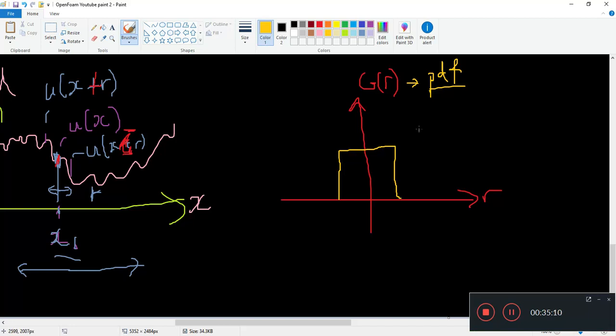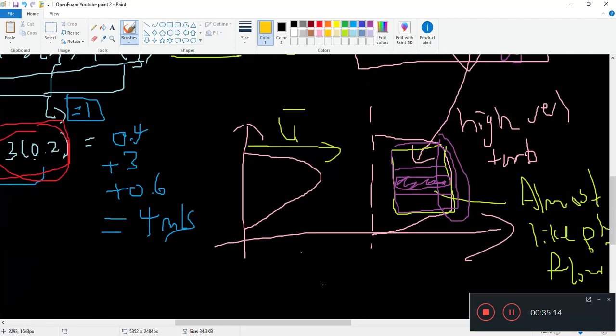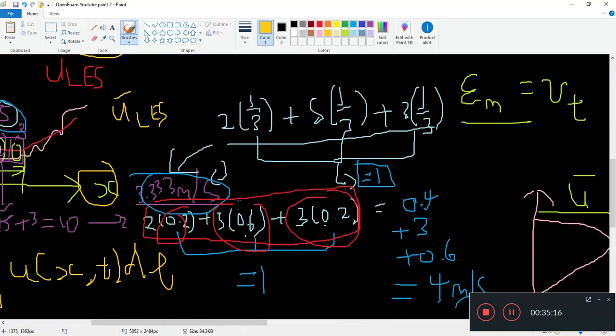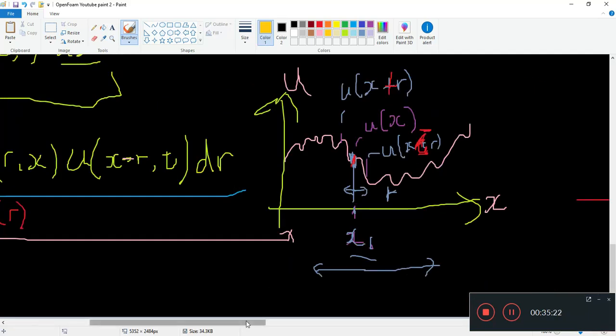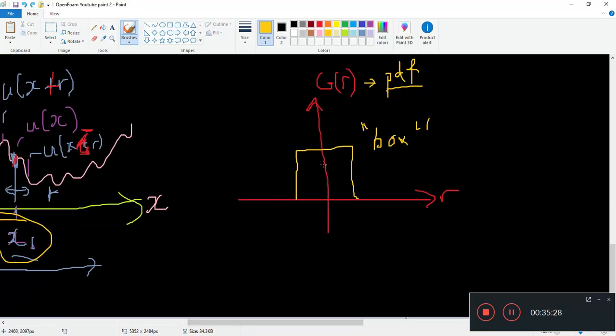You have a simple box where we have, let's say, even distribution, even weighting of all velocities in the vicinity of x, or x1, as we were talking about earlier. We have a box average, then g of r will look something like this. The weighting factor is equal. So this g of r is the weighting factor.